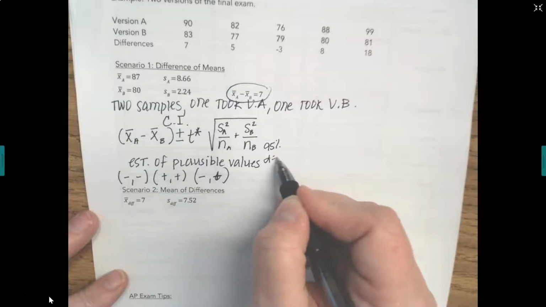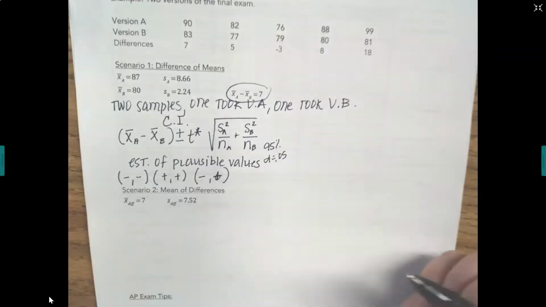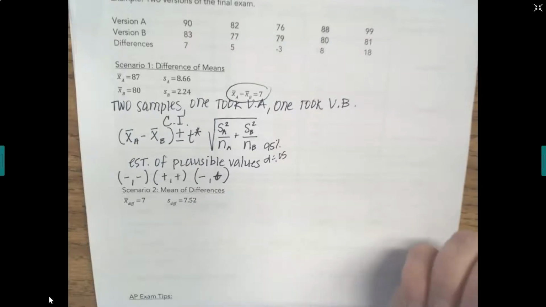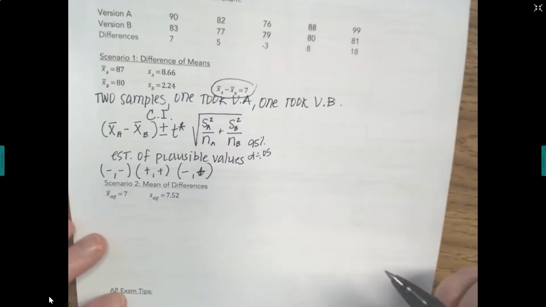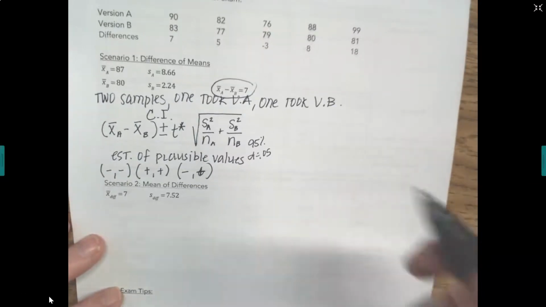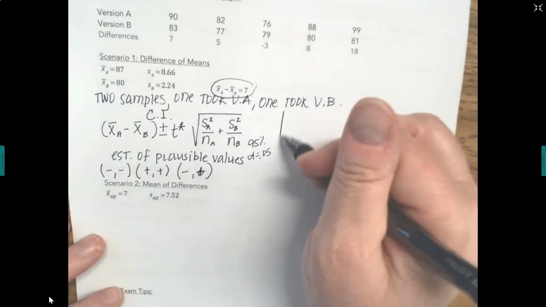That means you'd have an alpha of 0.05. A 90% confidence interval would have an alpha of 0.10. So you would want to follow it up with, well, using the alpha 0.05, we would reject or fail to reject depending on your interval, whether it was plausible that B was harder. Okay, so that's our confidence interval.